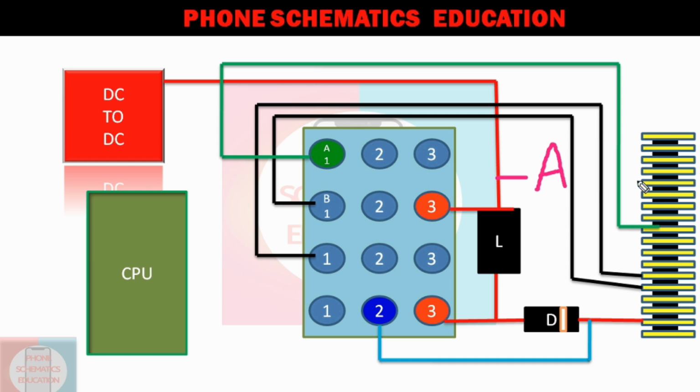This line becomes short or open because this is a heavy voltage line. On this line you get approximately 15 volts to 40 volts. So whenever water contacts this line, it goes open or short.